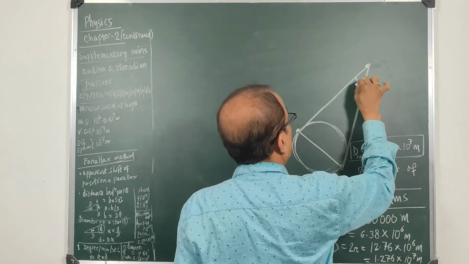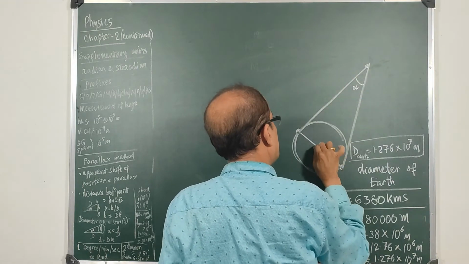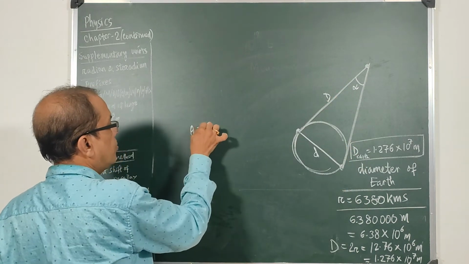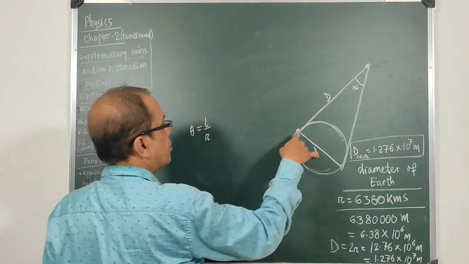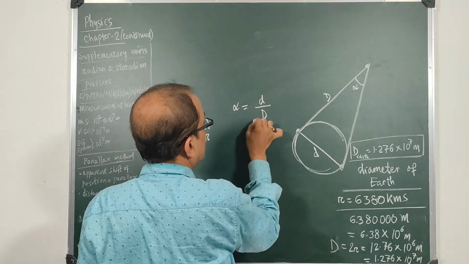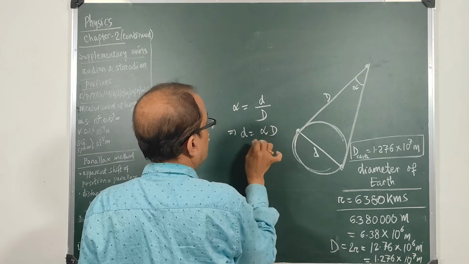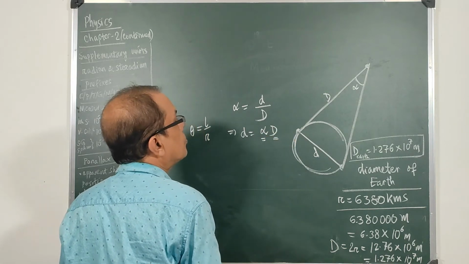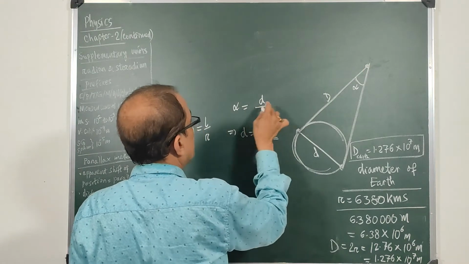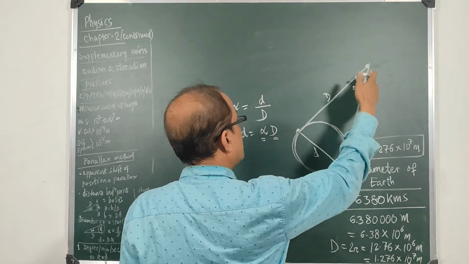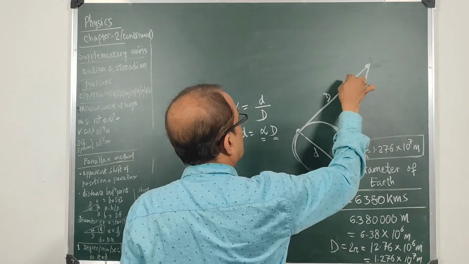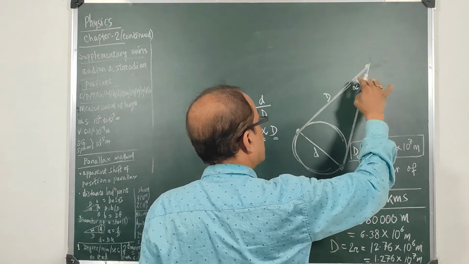If this angle is alpha, this distance is small d and this distance is capital D, then I have a formula for plane angle: theta is equal to L upon R. Here alpha will be d upon D. So d will be alpha into D. So if we know the diameter of something, we can find this distance, or if we know this distance, we can find this.